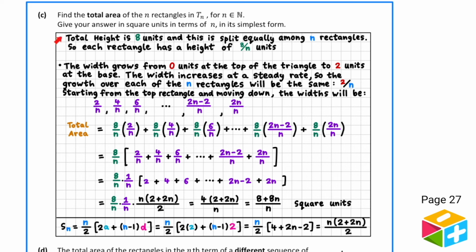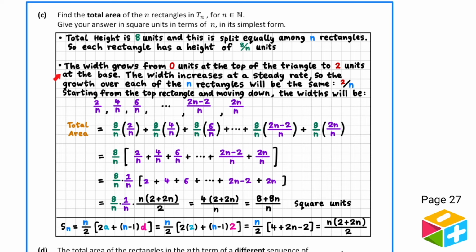In Tn, we're going to split this equally among n rectangles. This means that each rectangle will have a height of 8 over n units. The width of the triangle grows from 0 units at the top to 2 units at the base.